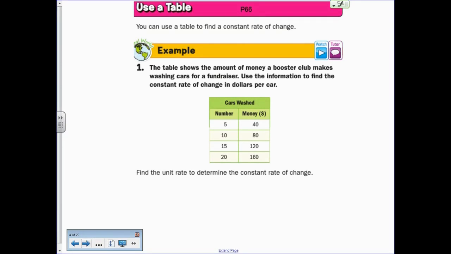Like in the previous example 1 here, and please write this one down, you can see that as the number of cars, X, goes up here, it is going up by 5s. You can see here as the money goes up, we'll call that the Y number, that it's going up by 40.